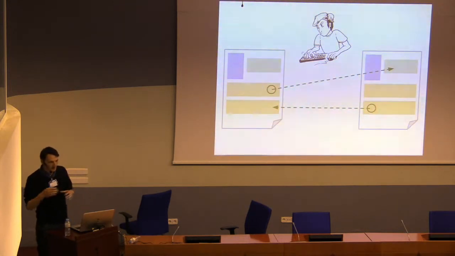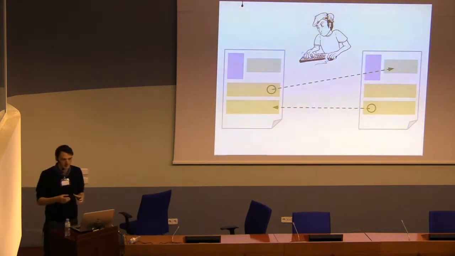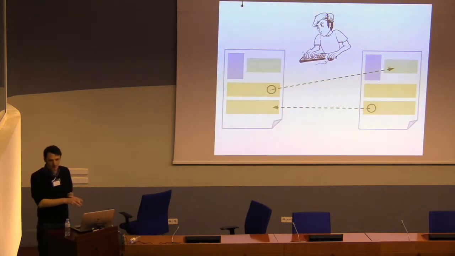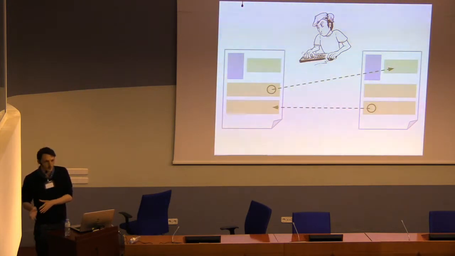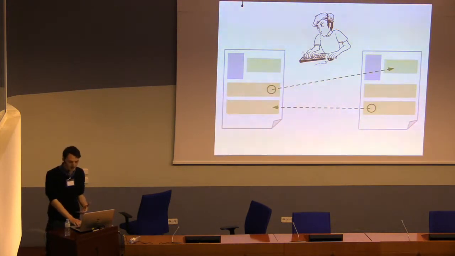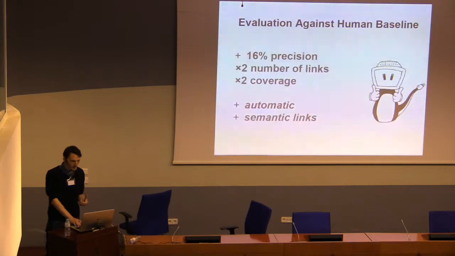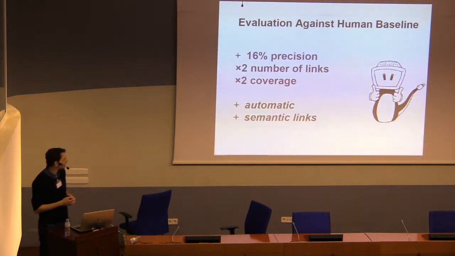So between steps and other processes, or between objects and items that are required by a process to other documents. So we have taken all of those generated by humans, and we have compared them with the automatically generated links. And the outcome was surprisingly good.